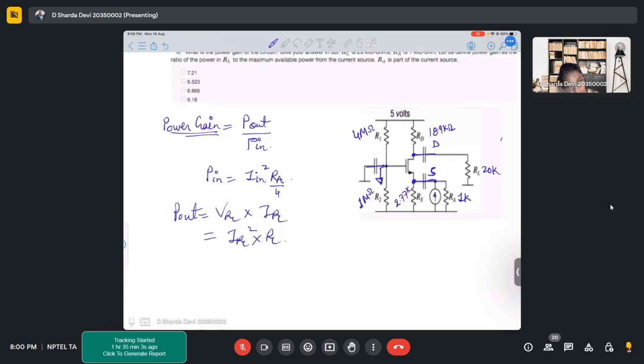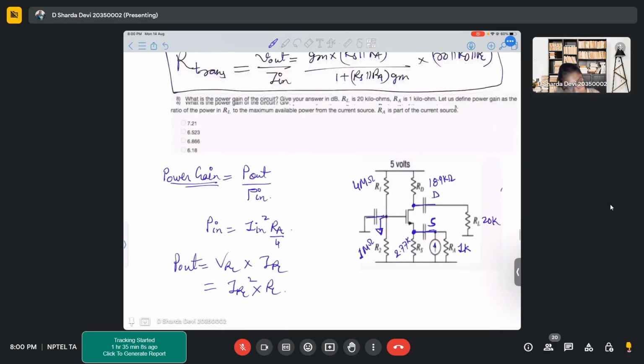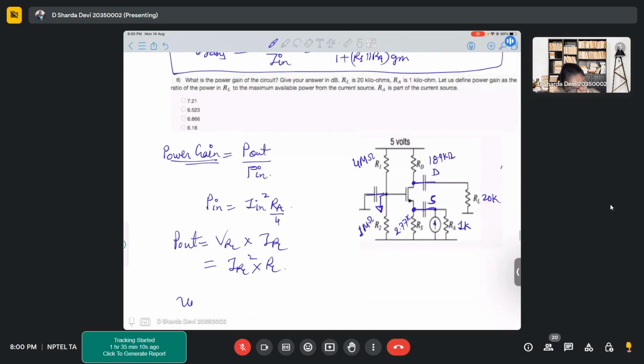Now we know that V out, or VRL, is equal to R trans into I in, right?